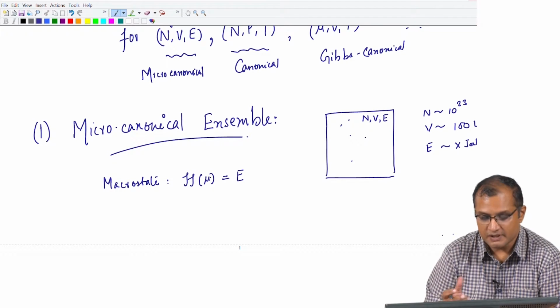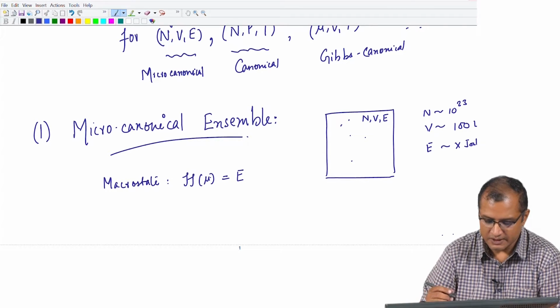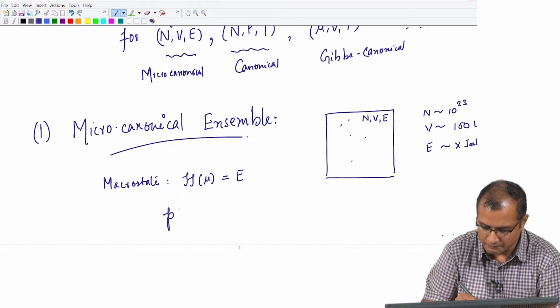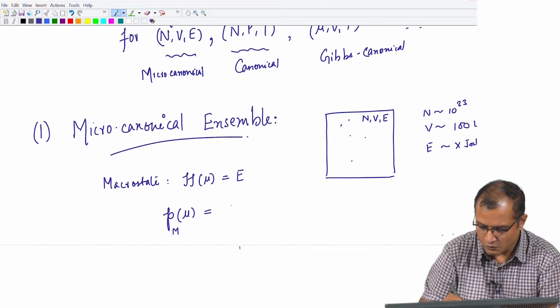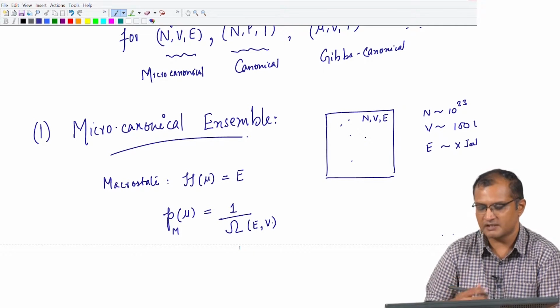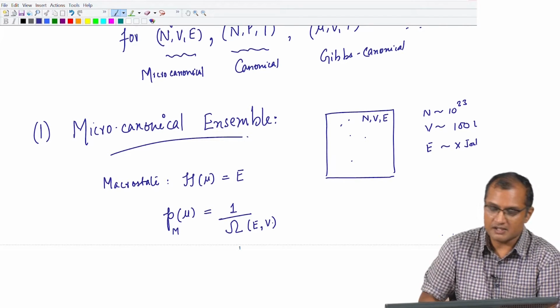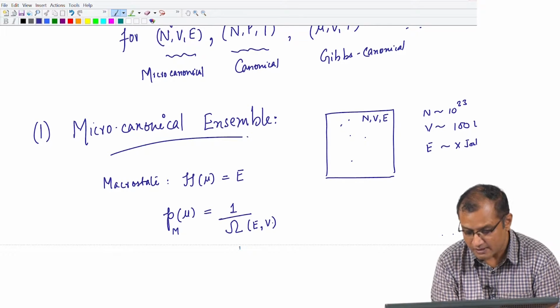As long as the Hamiltonian of the system is E, the specified energy, the probability of finding the system in that microstate corresponding to a macrostate M would be nothing but 1 upon the total number of microstates that the system has access to, which is a function of E and V. If I increase the number of particles, or the volume, then the number of accessible states will also increase.